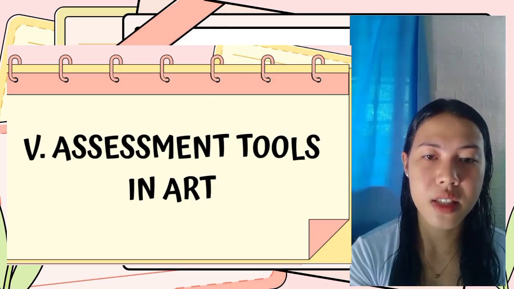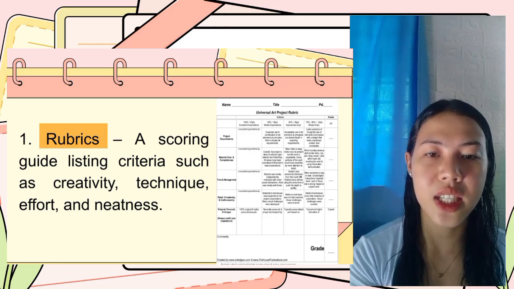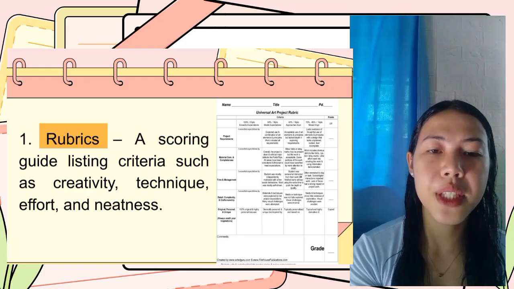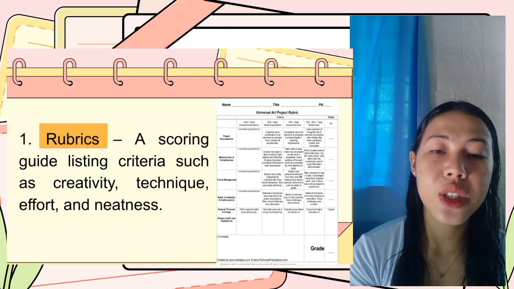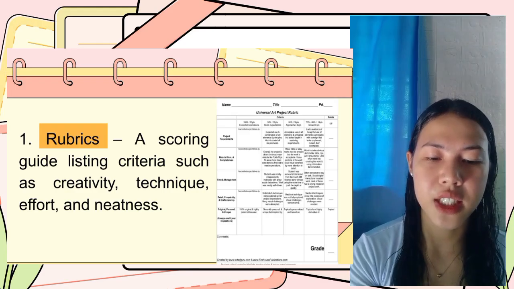So first is rubrics, a scoring guide listing criteria such as creativity, technique, effort, and neatness. A rubric is like a guide that shows exactly what the teachers are looking for in a project.